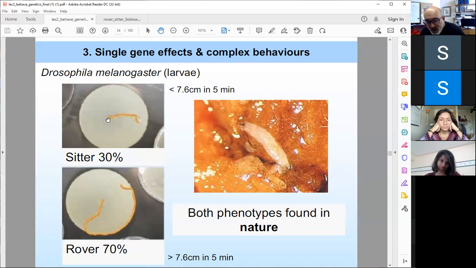What you see there is that with the two phenotypes, the sitter larva does not move very much, in contrast with the rover. The cutoff is the amount of movement: they classify this based on the distance moved over 5 minutes. If a fruit fly larva is moving less than 7.76 centimeters in 5 minutes, it's classified as a sitter. If it's moving more than that, it's classified as a rover.